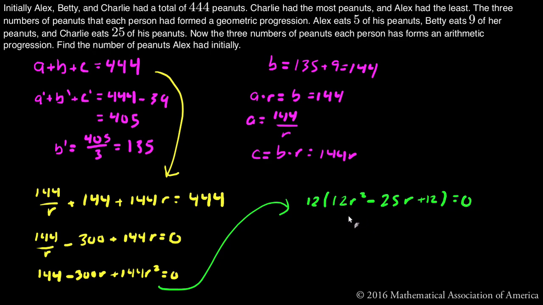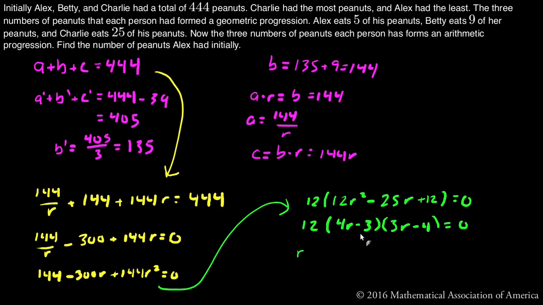Using your favorite method to factor, you'll see that we get 12 times 4R minus 3 times 3R minus 4 equals 0.